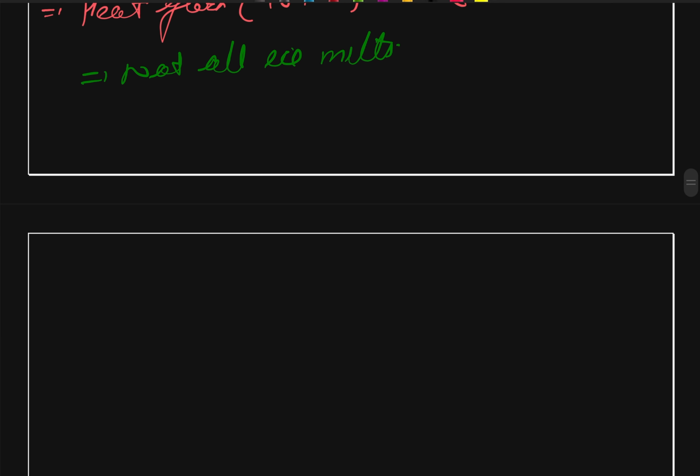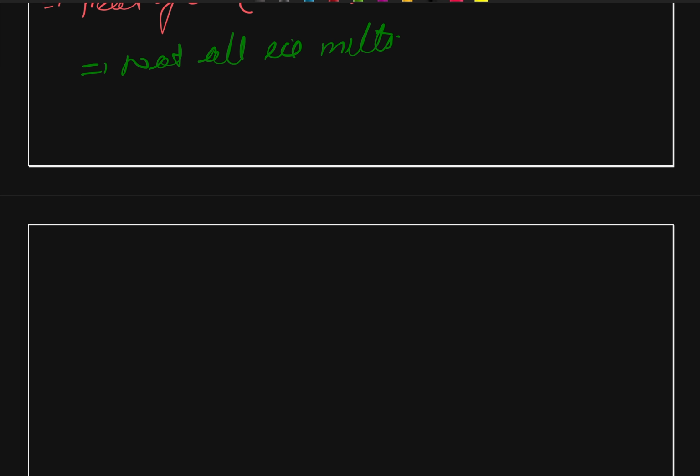So let us find out how much the ice will be melted. So we say let mass of ice melted be m.